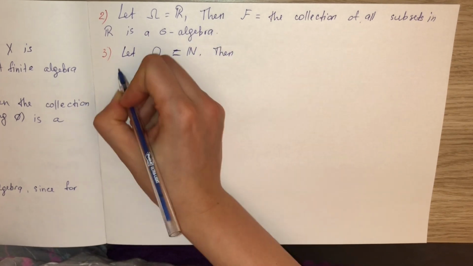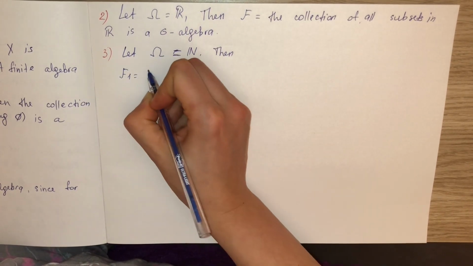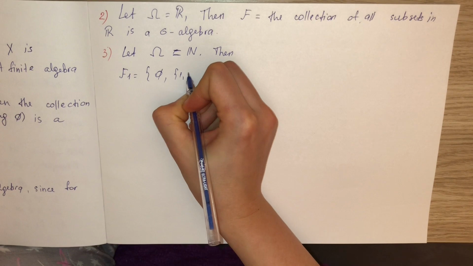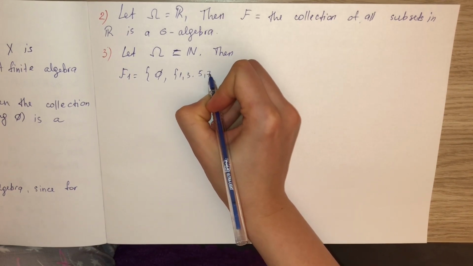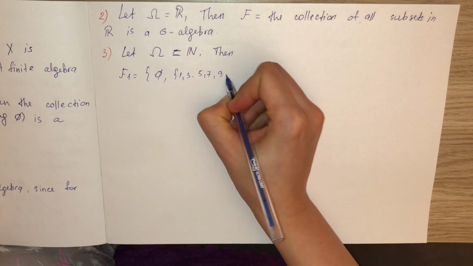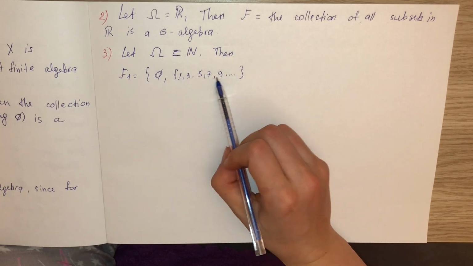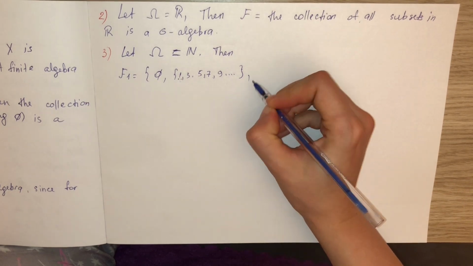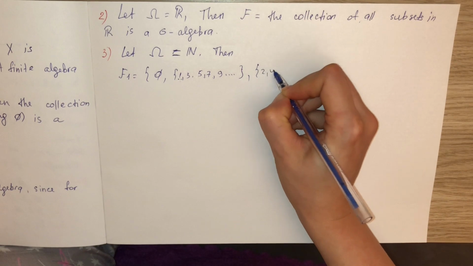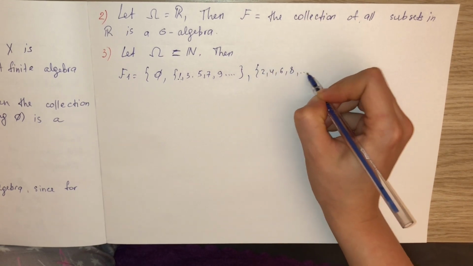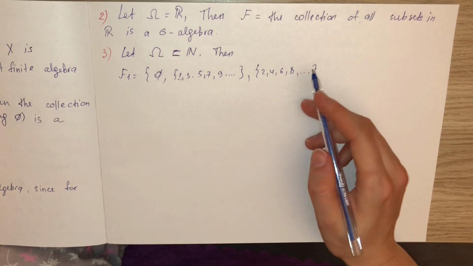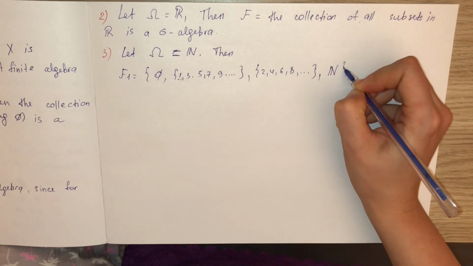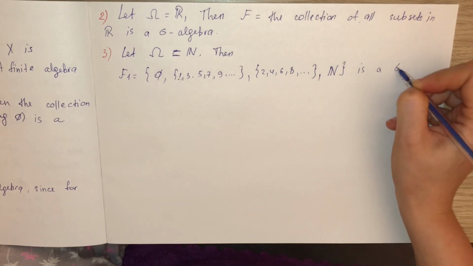Then F1, let it be the empty set, the odd number set {1, 3, 5, 7, 9, and so on}, the even number set {2, 4, 6, 8, and so on}, and N itself, is a sigma algebra.